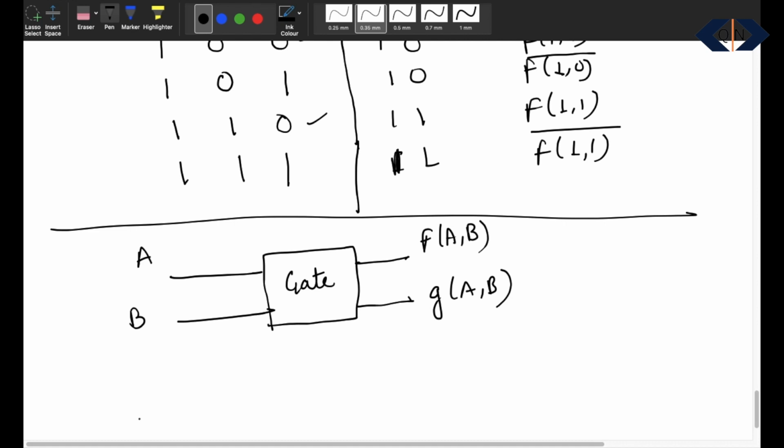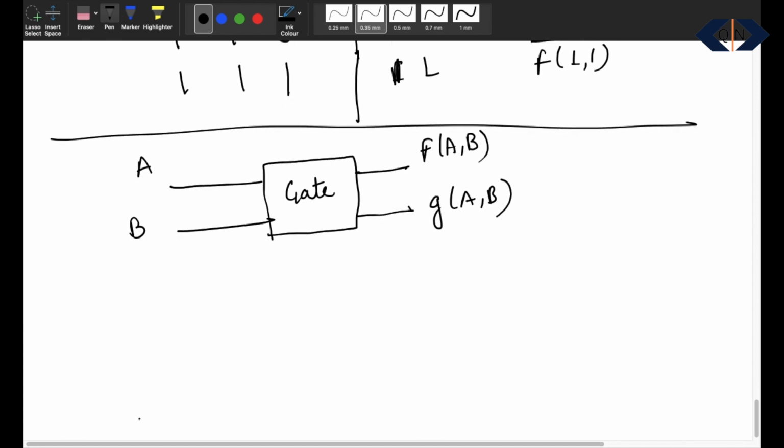We have already studied in the previous video that it should have distinct inputs and outputs with one to one matching. So let's assume for now that this is an irreversible gate.